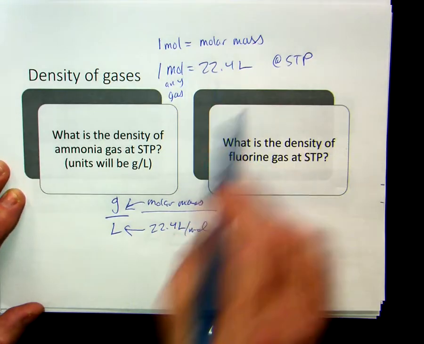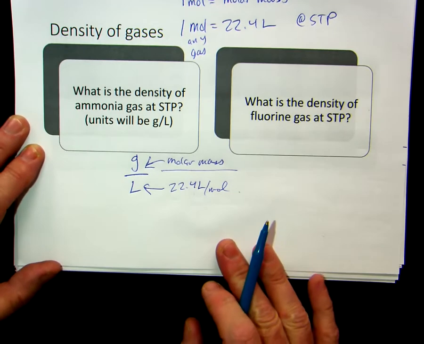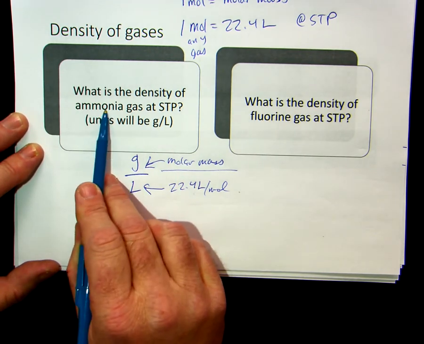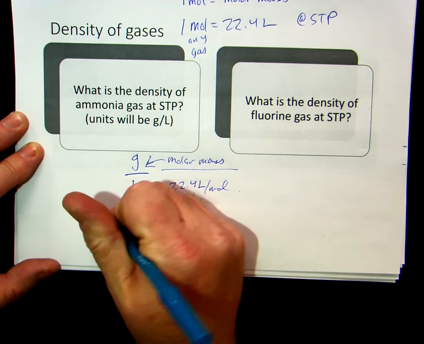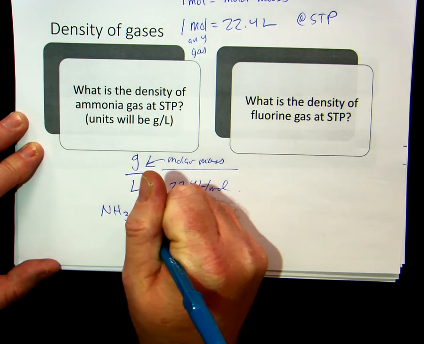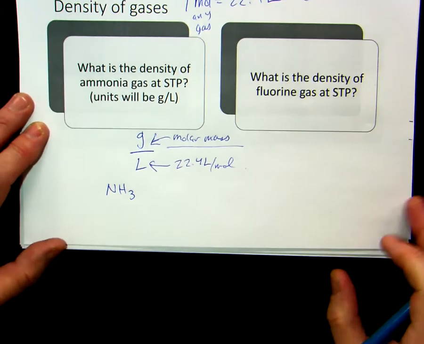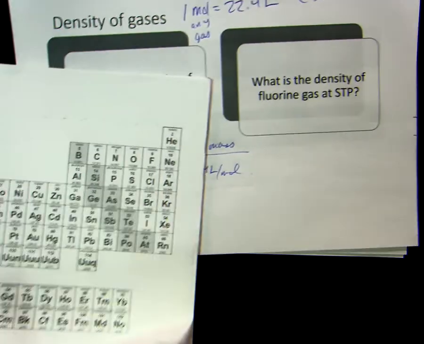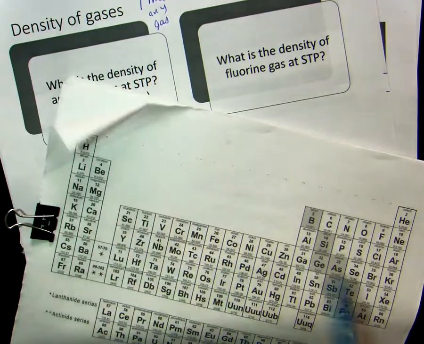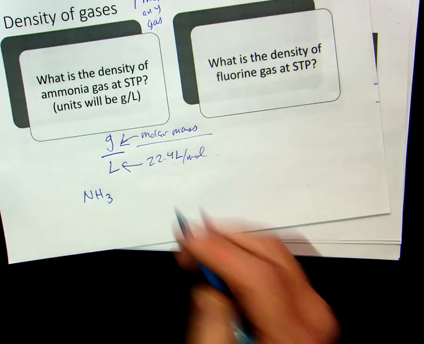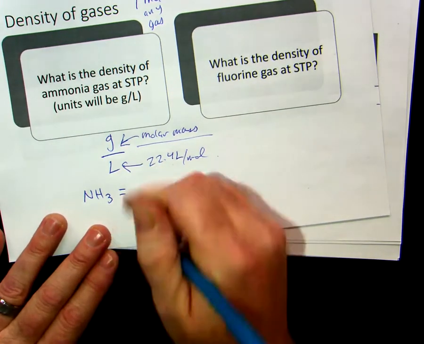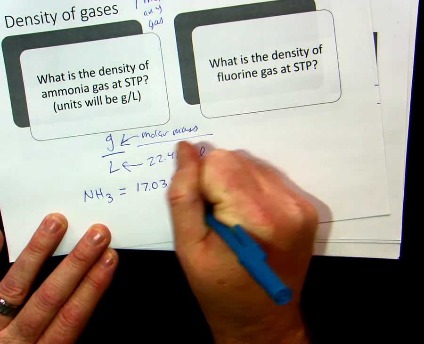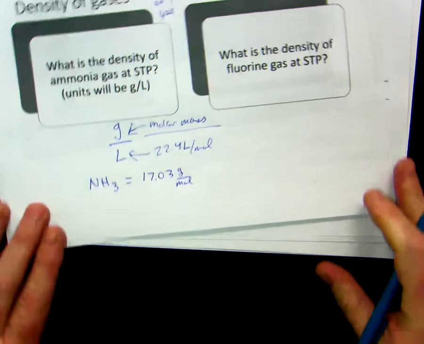So what I've given you is just the proof, and now the easy way to solve these problems. You look at the compound you're being asked to address, which is ammonia, and you need to know its formula, NH3. Last time we talked about how to look up the molar mass. I'm going to add up 3 hydrogens and 1 nitrogen, and I would determine that the molar mass of ammonia is 17.03 grams for every mole.